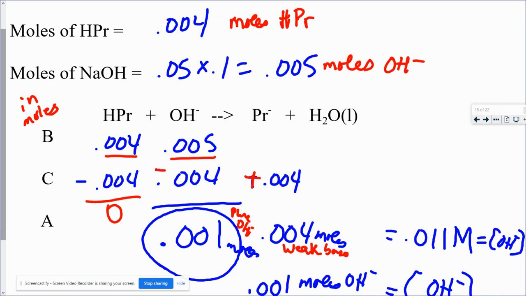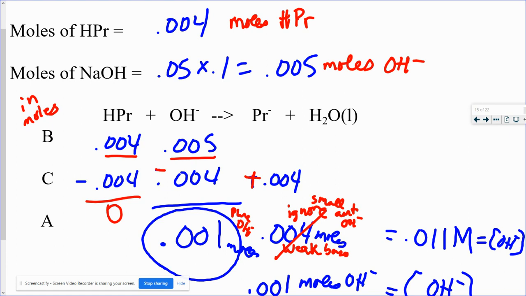So we can pretty much ignore this and we can just focus on this amount. Because again, if we added 0.0001 moles of OH to this, it really doesn't change the value. So again, it's going to be a small amount of OH from this formed. So we're going to ignore it. And we're just going to say that's how much we have, 0.001 moles of pure OH minus.